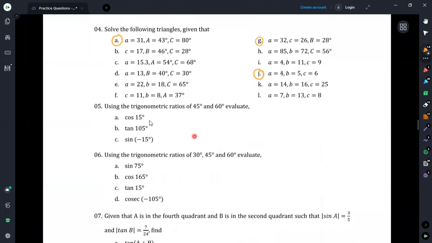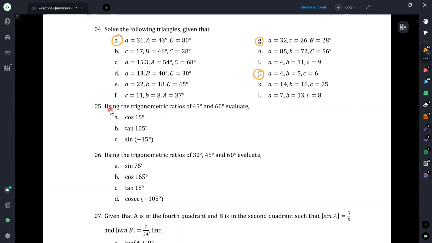The next question: using the trigonometric ratios of 45 degrees and 60 degrees, you are asked to evaluate these angles. Here it is simply saying that without using calculators or any trigonometric tables, the way of solving this type of trigonometric ratios would be discussed in this question.